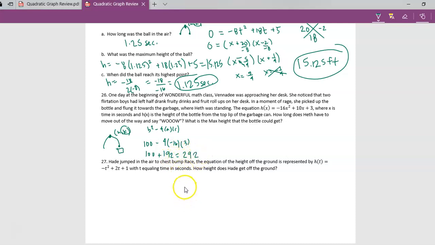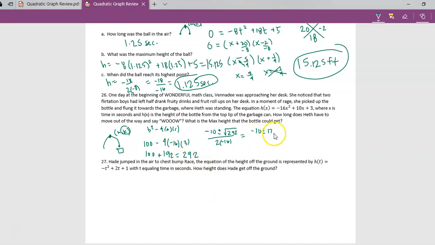So the discriminant is 292. And then to plug this into the formula, we would have negative b, so negative 10, plus or minus the square root of the discriminant over 2 times a. A is negative 16. So the square root of 292 is 17.08.